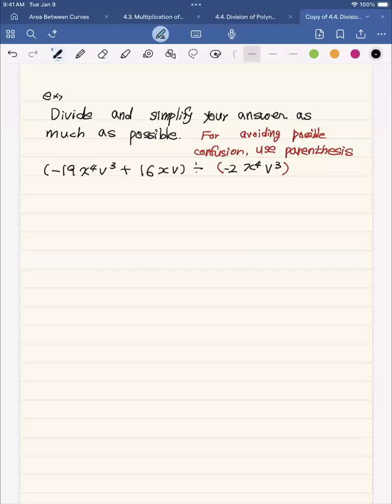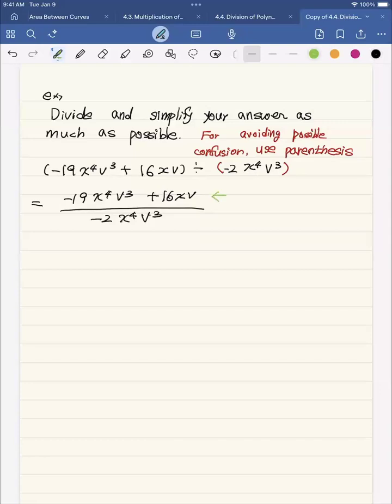Let's write the given expression as a fraction form. Negative 19 x to the fourth power v cubed plus 16 xv over negative 2 x to the fourth power v cubed.